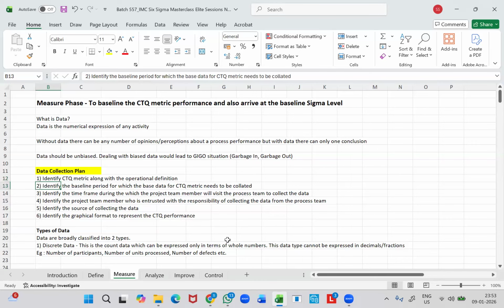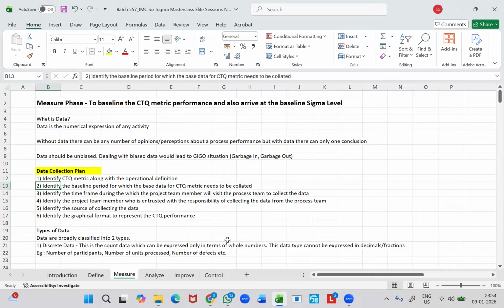And then we also need to identify the baseline period for which the base data for the CTQ metric needs to be collated. And as I mentioned when we discussed the project charter elements, we need to consider the latest 1 year period as the baseline period so that it will average out all these process performance fluctuations.